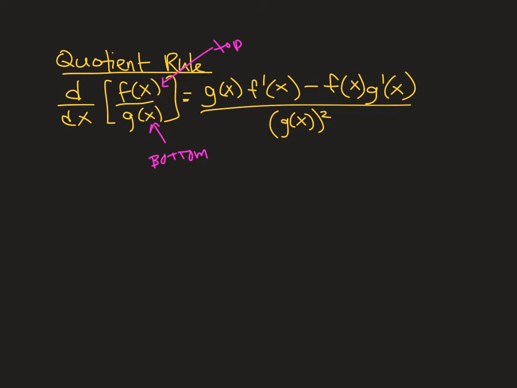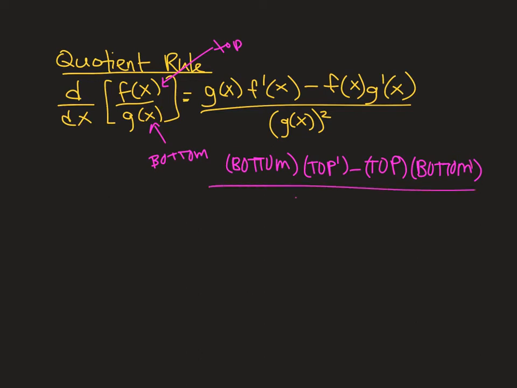So my way to remember it with words is like this. Bottom times the derivative of the top minus top times the derivative of the bottom, all over the bottom of the fraction squared.